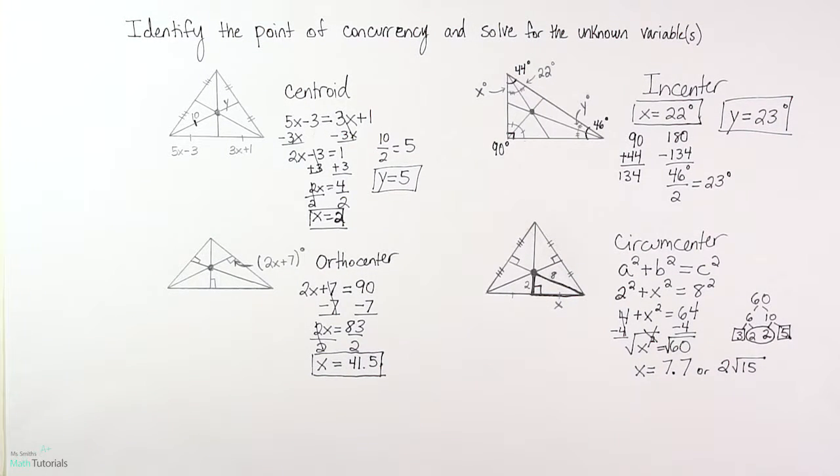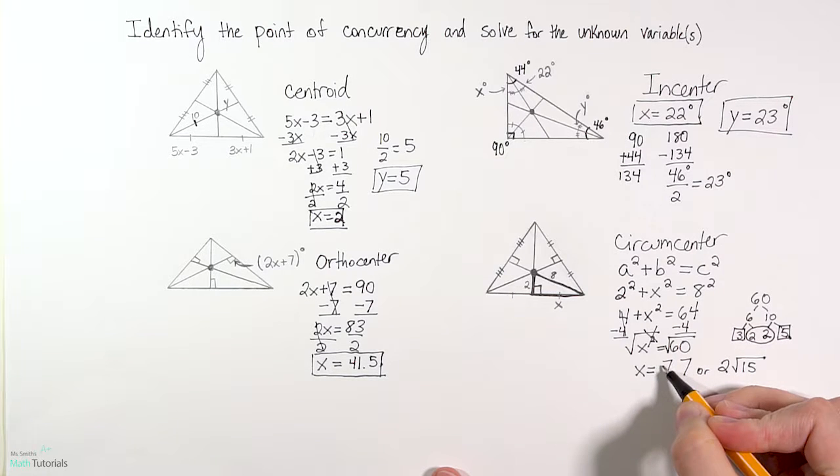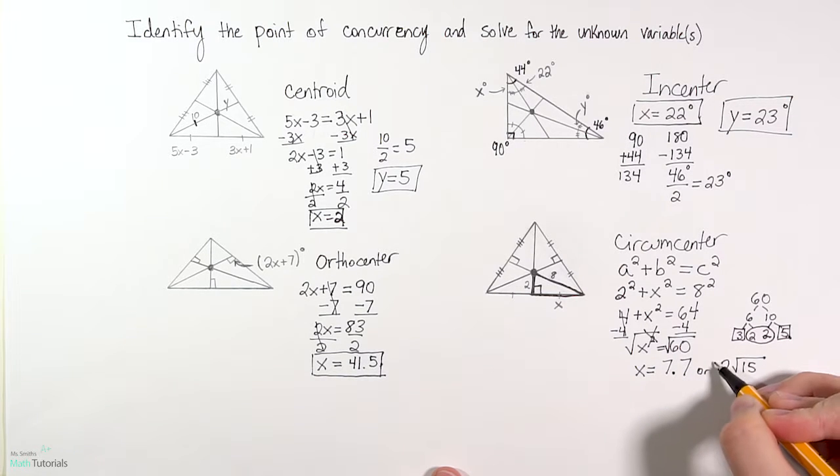A couple quick notes I want to make about this. This is, again, a rounded answer. This is an exact answer. I know I have really tried to push in my videos that anytime we take the square root of a number, we have both the negative and the positive version. So typically you would see a little plus or minus out front here and a little plus or minus out front there.